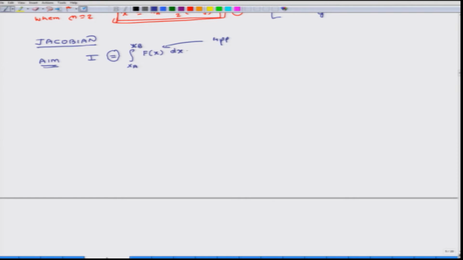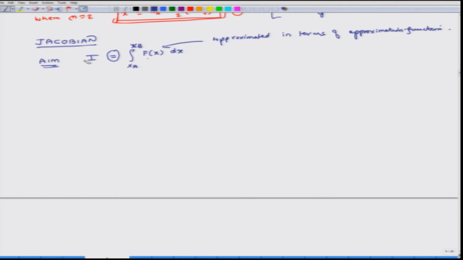This is exact, but this will be approximated in terms of some interpolation functions, right.